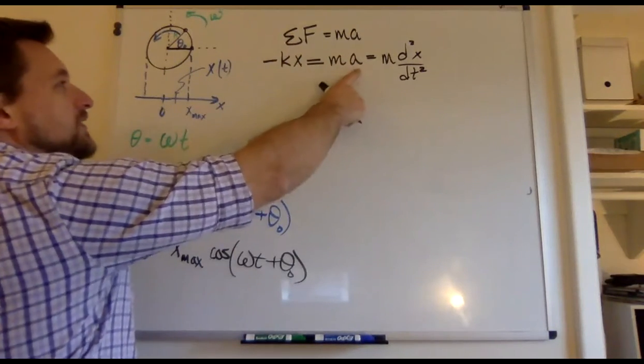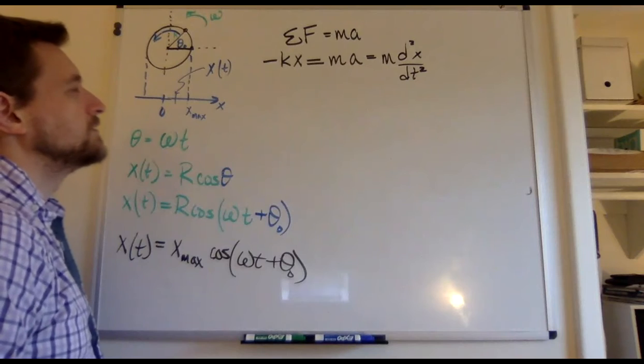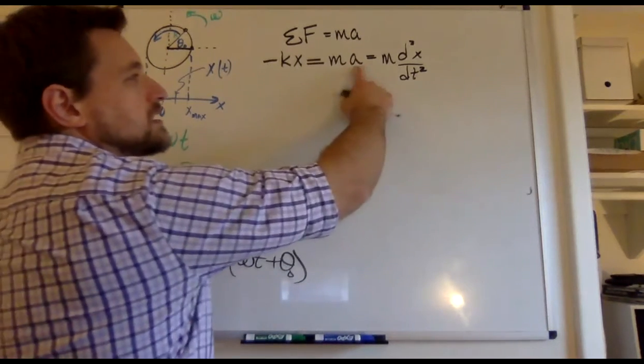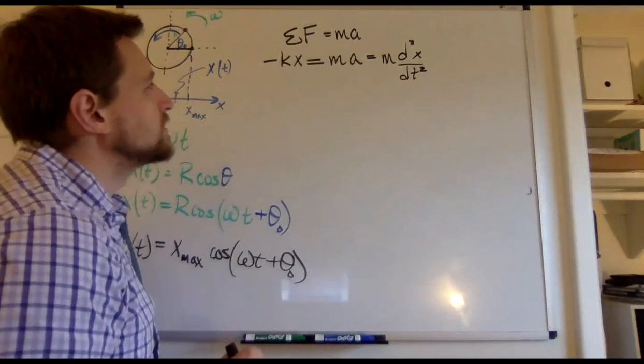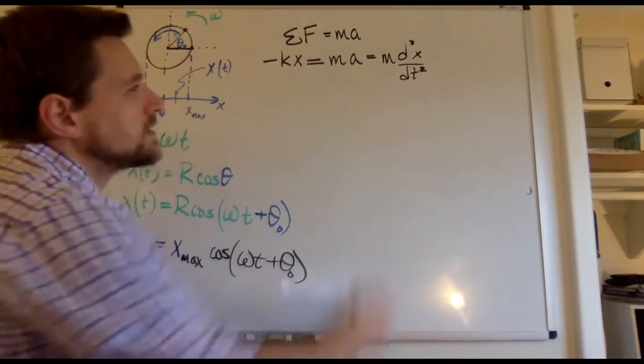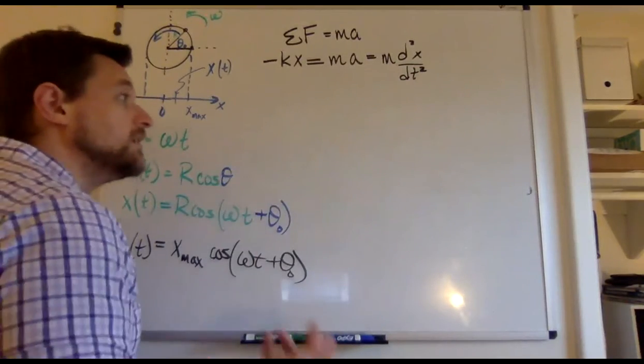And ma is going to be the other side of Newton's second law. And we know that the acceleration is the second derivative of the position. So that's fine. This is a second order differential equation, and that's kind of weird.